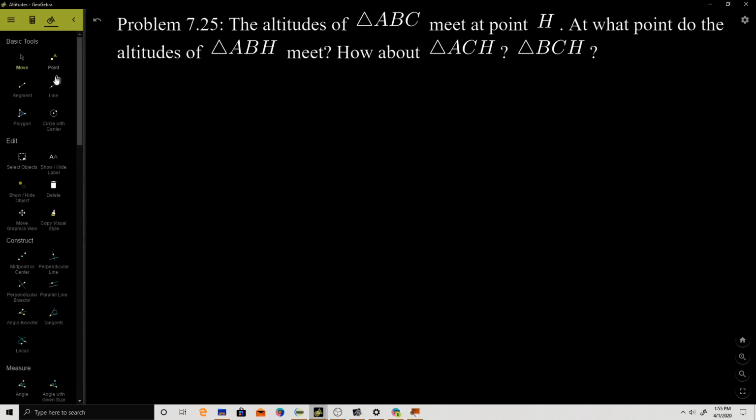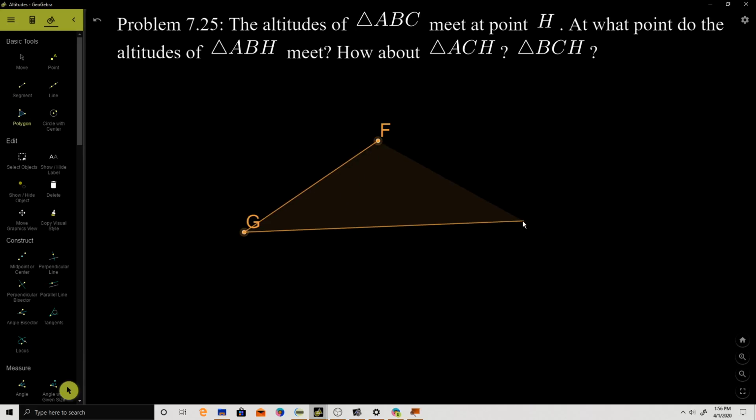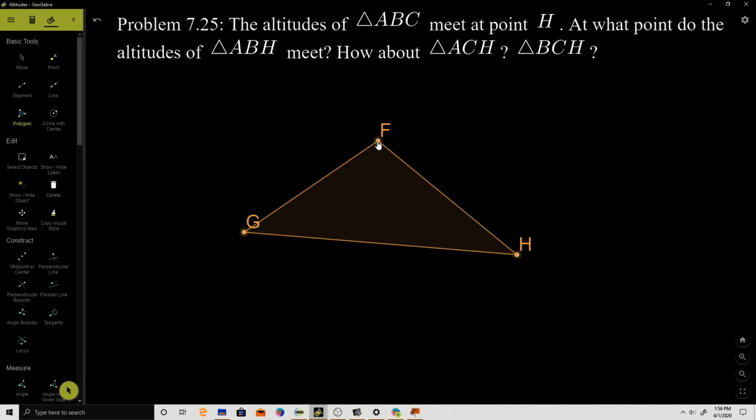Alright, well, let's draw our triangle. I'll relabel them in a minute, but we have our triangle here with points A and B and C. Okay, now let's draw the altitudes.